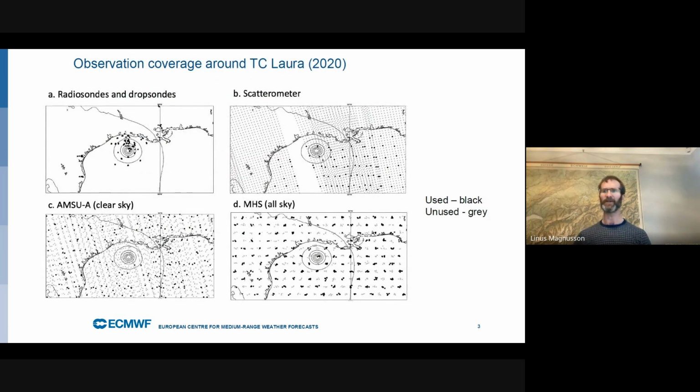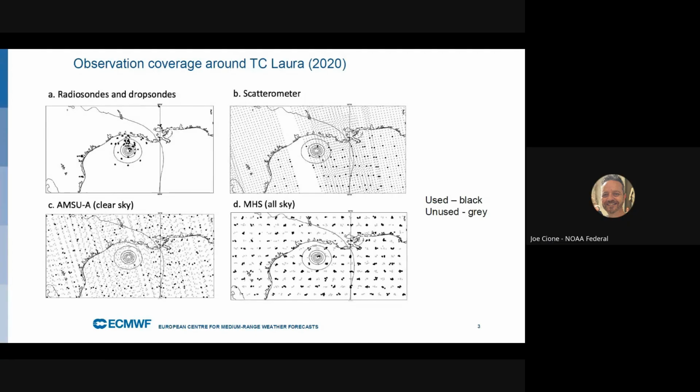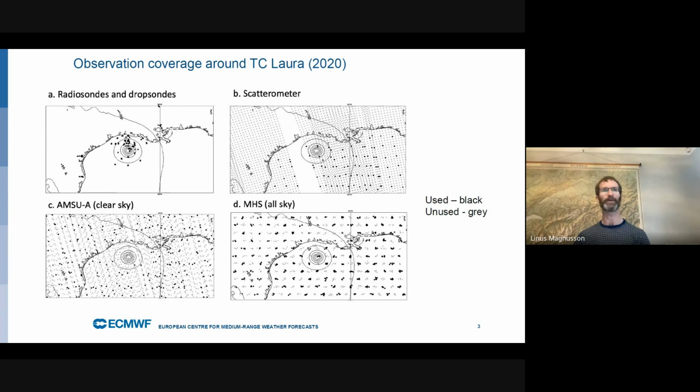So what I found was a really good exercise was to actually just take one data assimilation cycle, see what we assimilated, and more importantly, what we not assimilate. So what you see in each black dot is a used observation, and each gray dot is unused.